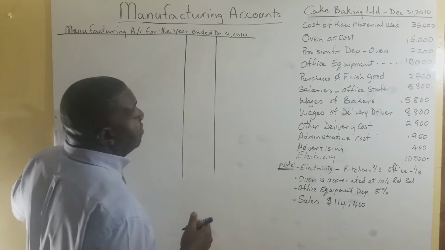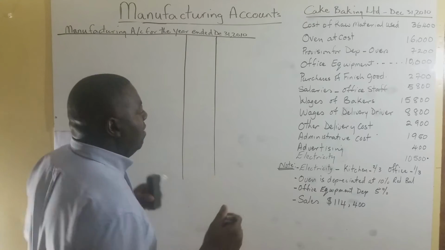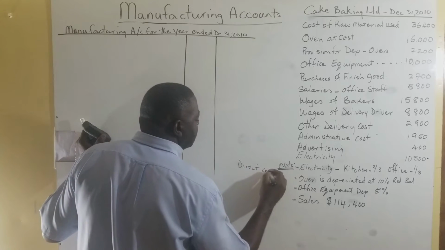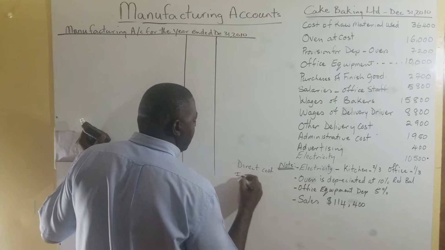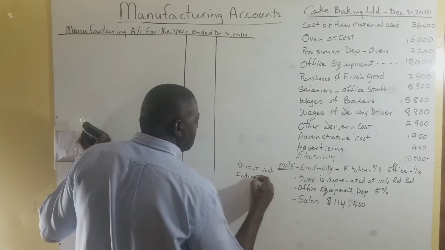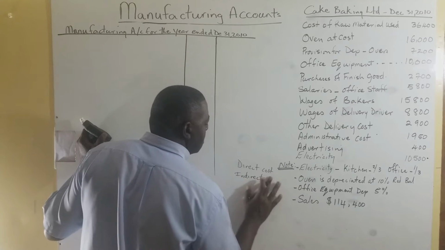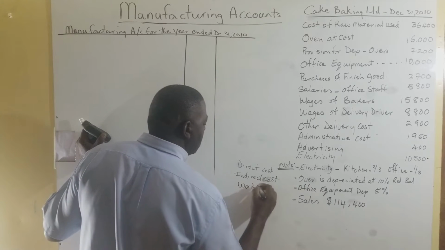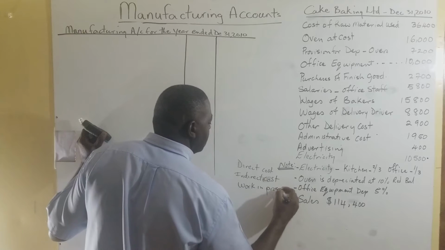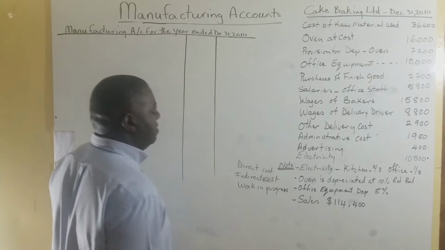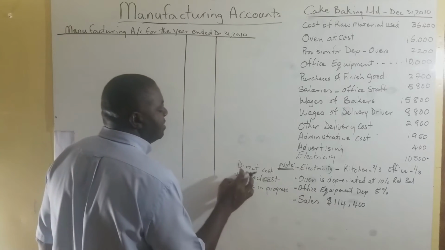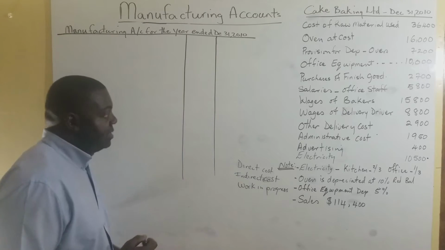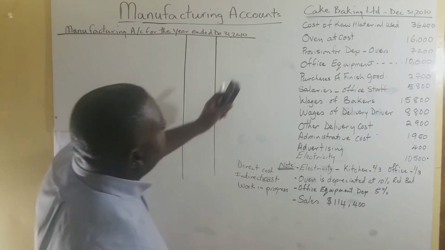One has to do with the direct costs, and the other is indirect costs. And the third has to do with work in progress, if it is in the question. So direct costs, then indirect costs, then work in progress. Let's proceed based on the question.